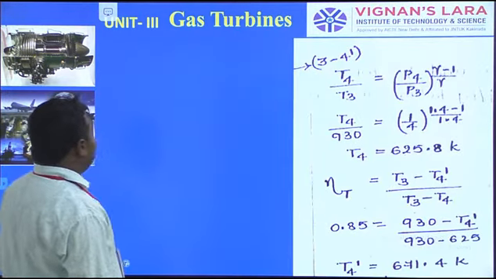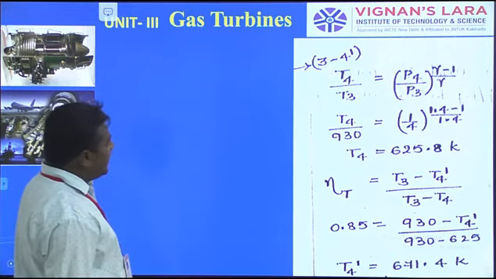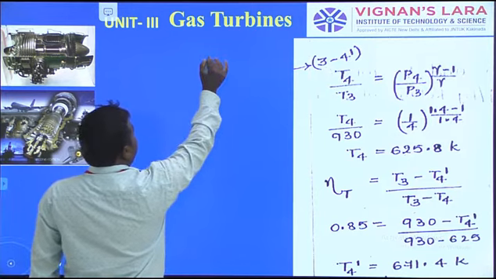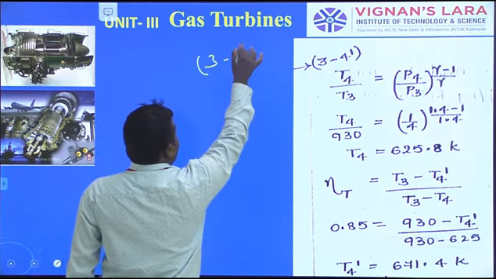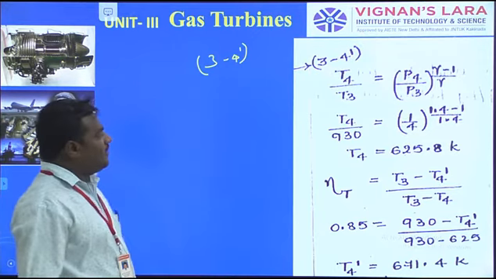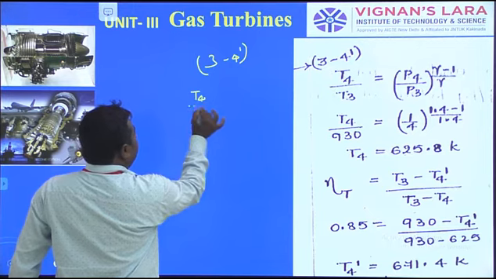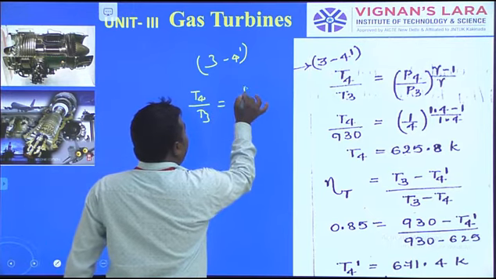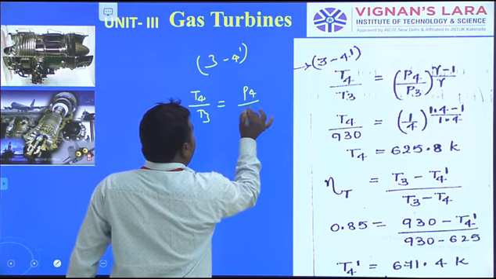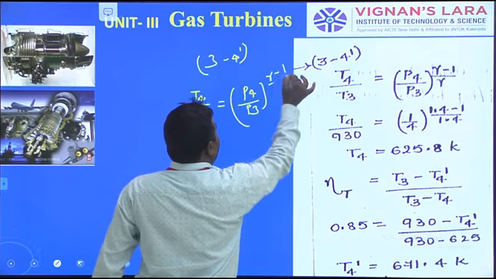Then the process 3 to 4 dash. The formula for that one is T4 by T3 equal to P4 by P3 whole power gamma minus 1 by gamma.